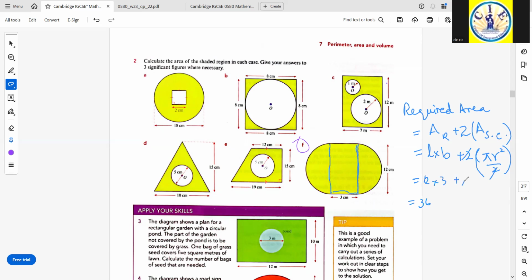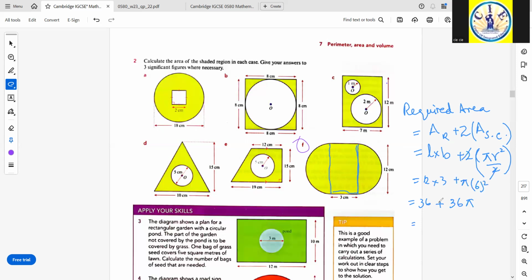So we are having pi times r squared. The value of r is 12 by 2, that is 6 squared. So this is 36 plus 36 pi. And this will give us the required answer. Let me use my calculator to solve it out.